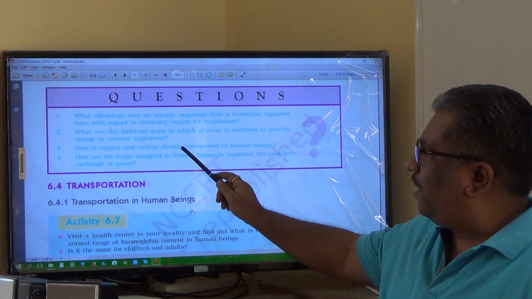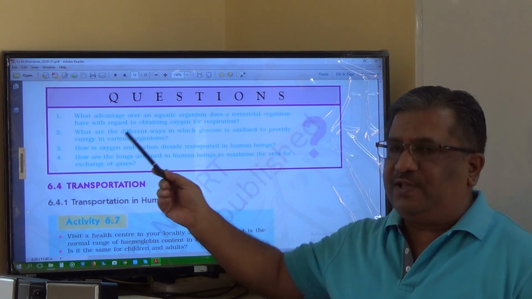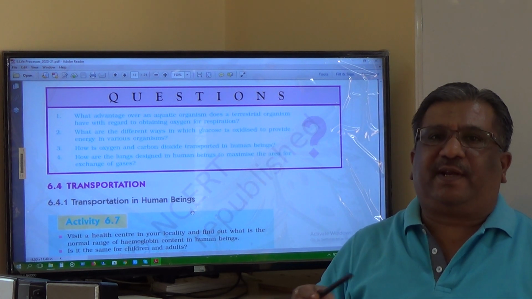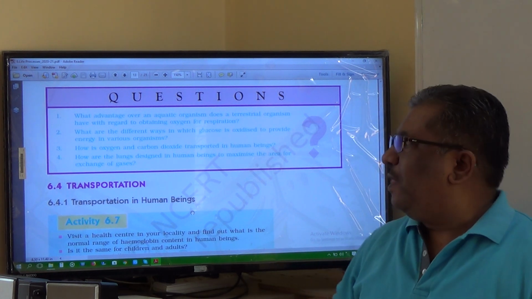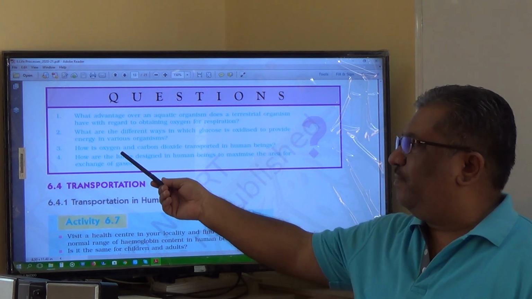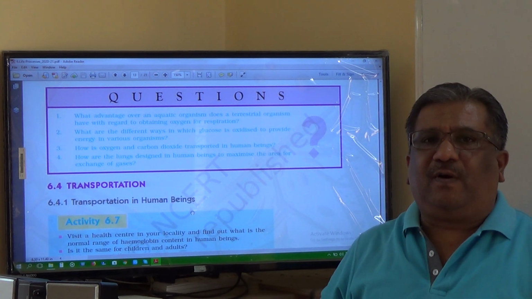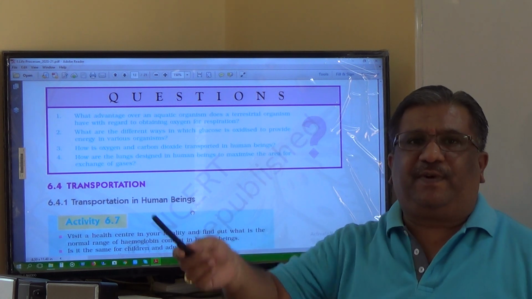How are oxygen and carbon dioxide transported in human beings? See, oxygen is transported by the hemoglobin pigment, which is a red colored pigment present in the RBC, that has great affinity for oxygen. It combines with oxygen to form a compound called oxyhemoglobin, and thus oxygen is transported to different cells.